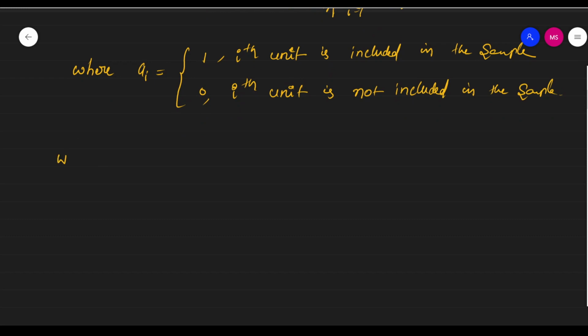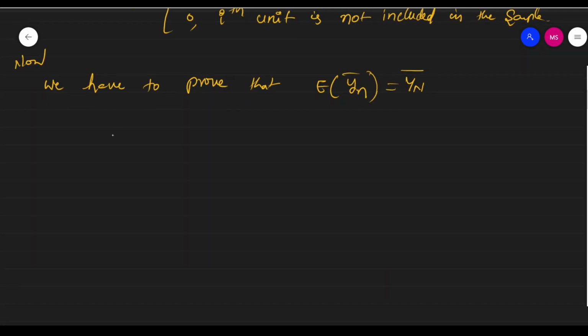Now we have to prove that expectation of small yn bar is equal to capital Yn bar. First of all I'm taking the LHS, the left hand side.